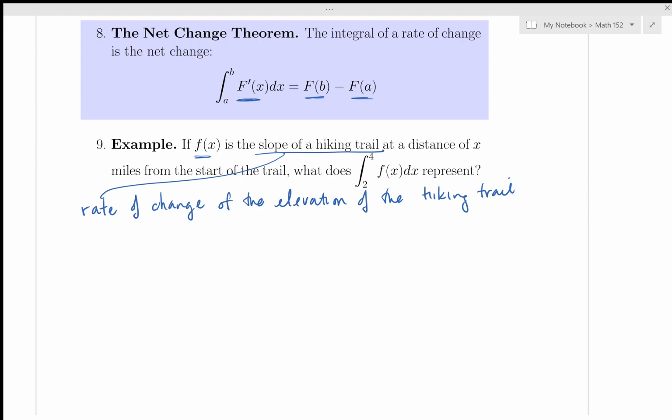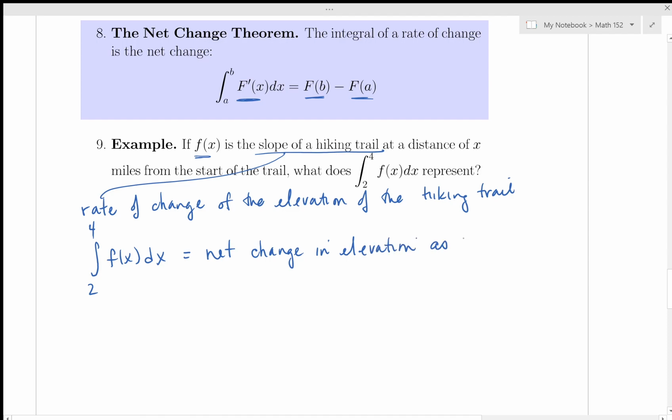So when f of x is the slope of my hiking trail, this integral is equal to the net change in elevation as you hike from 2 to 4 miles along the trail.